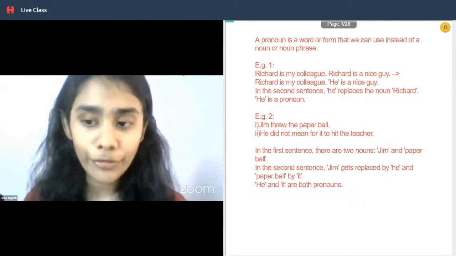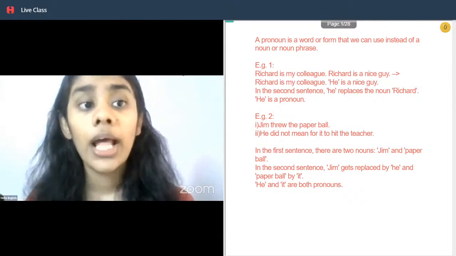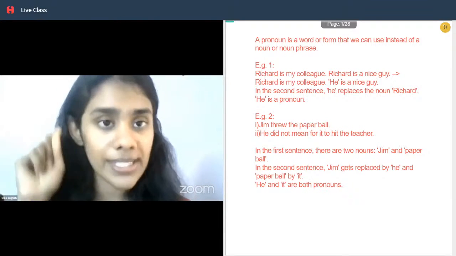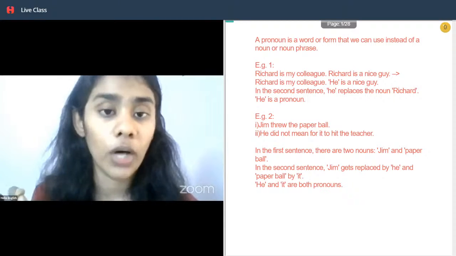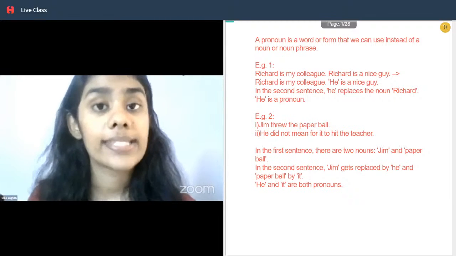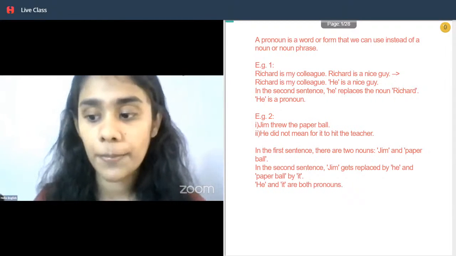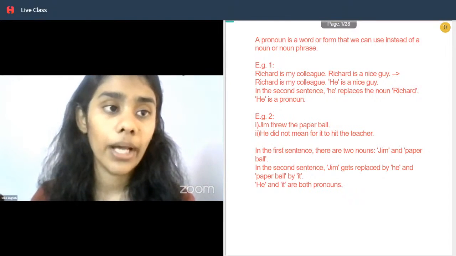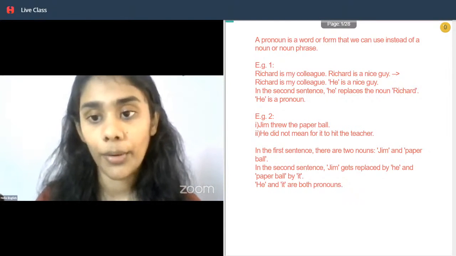This is what you have to note down. The first type is called subject pronouns, and the second type is called object pronouns.